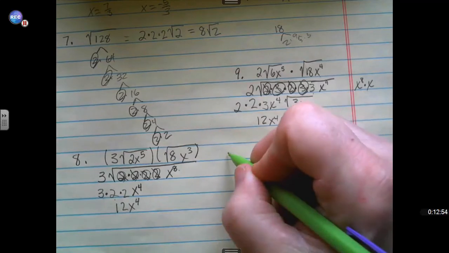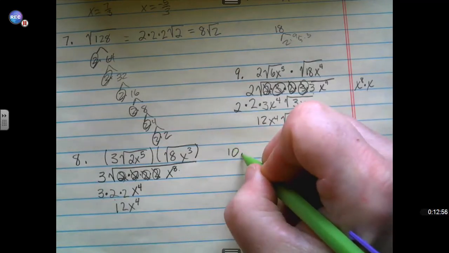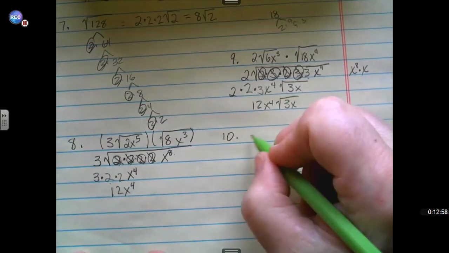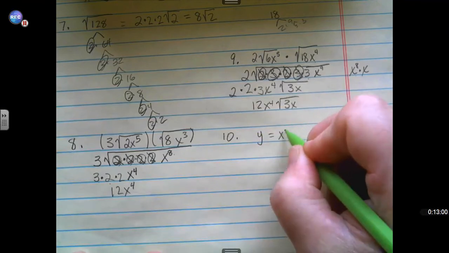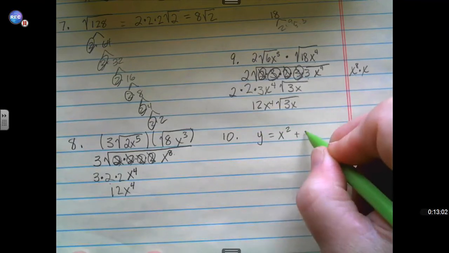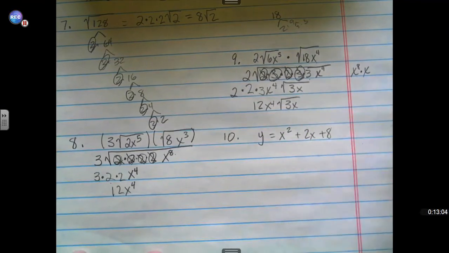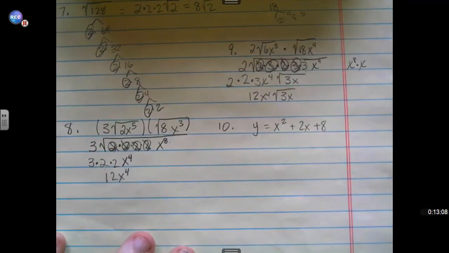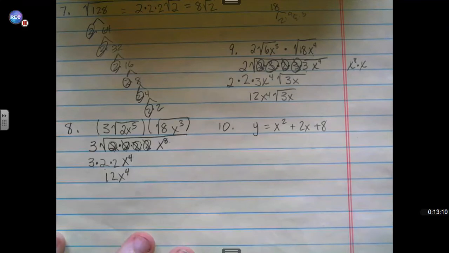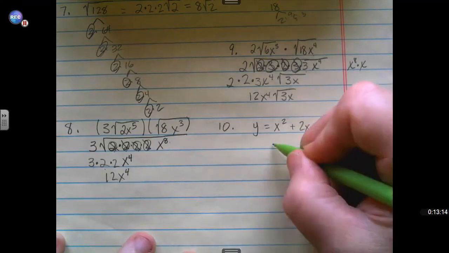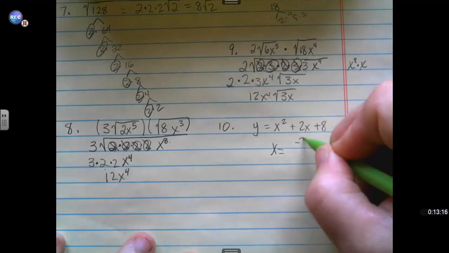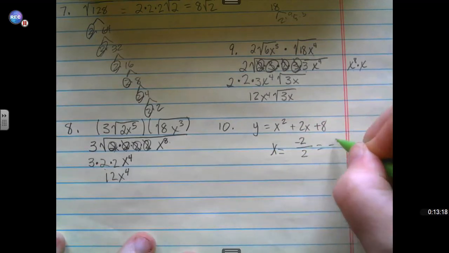Number 10. What are the coordinates of the vertex of the graph of y equals x squared plus 2x plus 8? I know their intention was for us to complete the square on that and find the vertex by completing the square. I'm not going to do it that way because we have a better method. x equals the opposite of b over 2a, so x is negative 1.